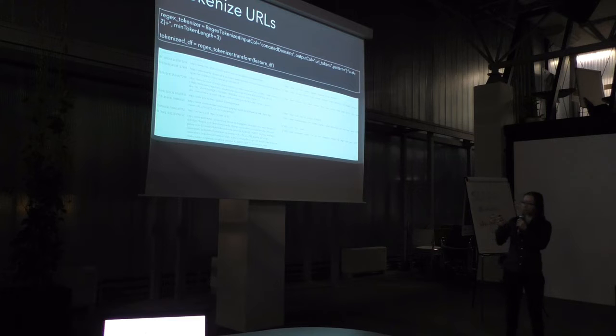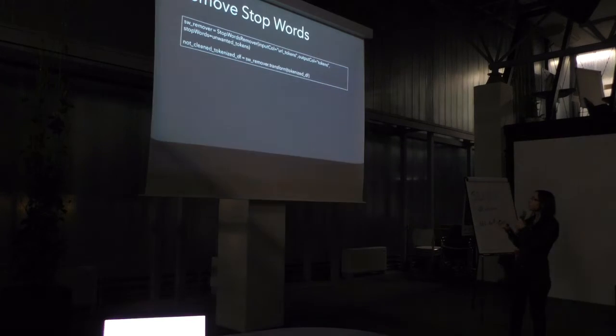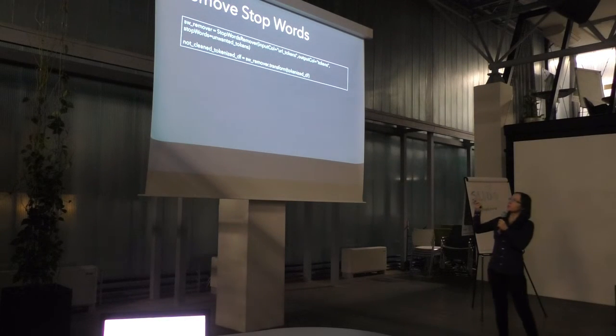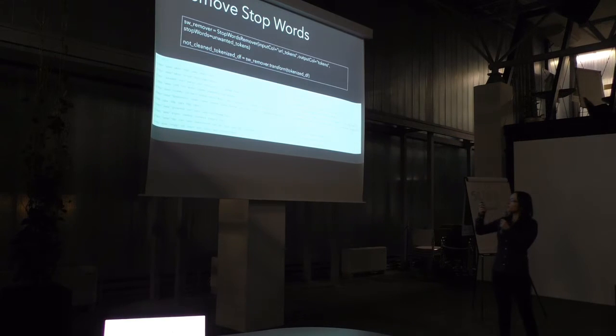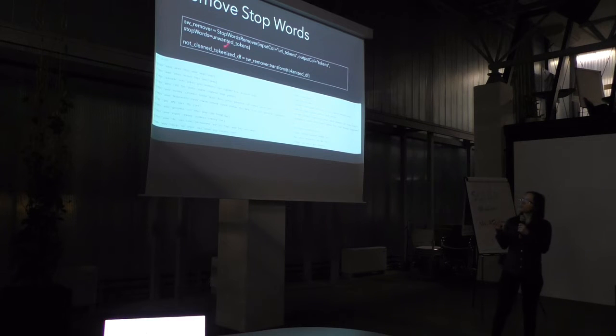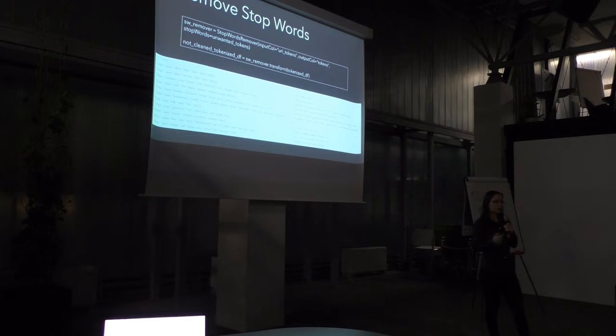And you can see that it looks better, but in this case it still contains some noise. So the next step is to remove stop words. And then we obtain real tokens that represent our interests or topics. The list of unwanted tokens that we use contains two parts, we could say.